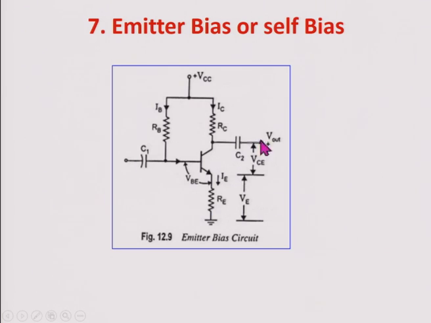So the explanation starts from the negative feedback across RE. Some voltage is dropping across RE, meaning the voltage is decreasing. If the voltage is decreasing here, across IB some voltage and current is also decreasing. If that is decreasing, the collector current also decreases. This is the function of emitter bias.